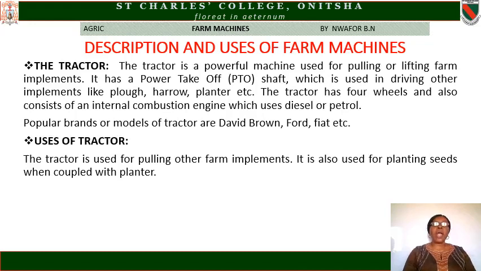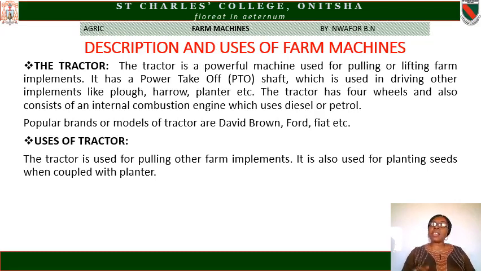So, the tractor. We describe the tractor as a powerful machine used for pulling or lifting farm implements. The tractor has a power takeoff, abbreviated as PTO shaft, which is used in driving other implements like the plow, the harrow, the planter.